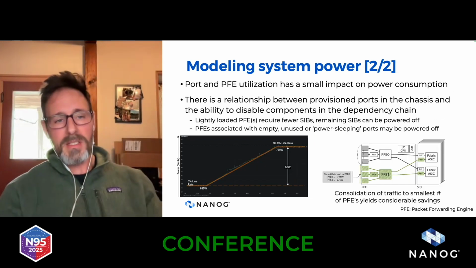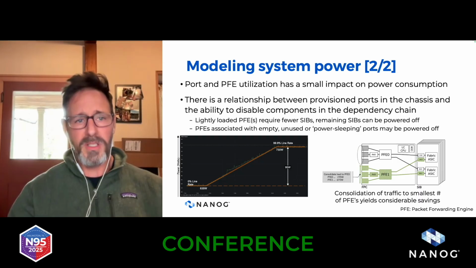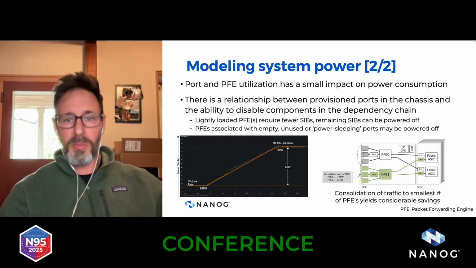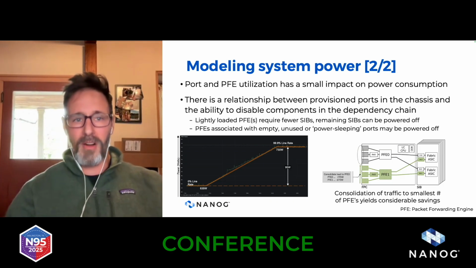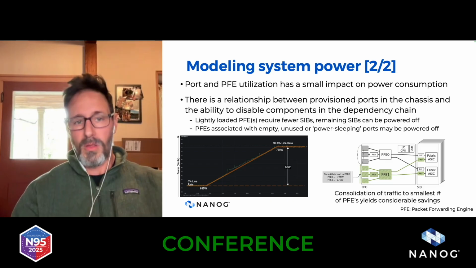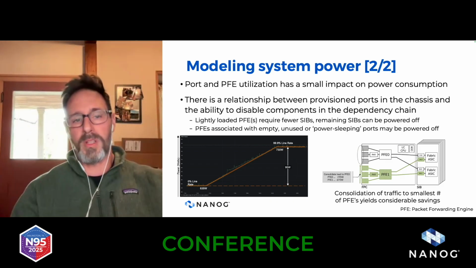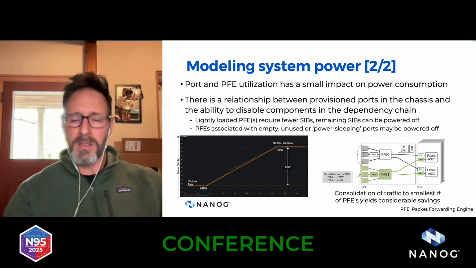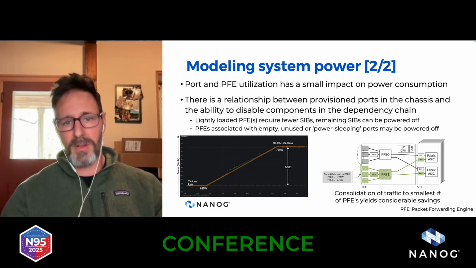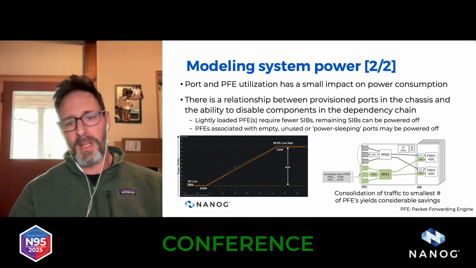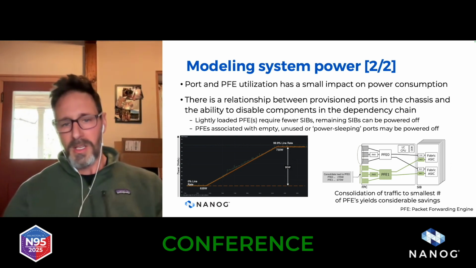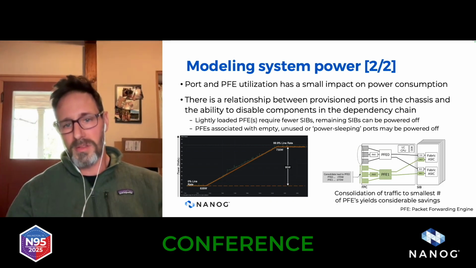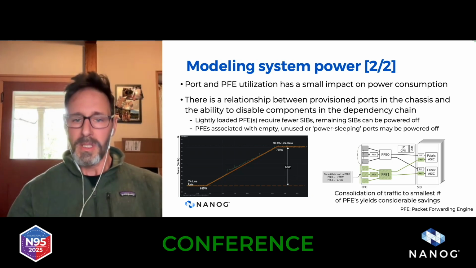And then last but not least, there's a fairly strong relationship between the provisioned ports in a chassis and our ability to transition those associated components into a power sleep state. I refer to this as a dependency chain, and you may hear me talk about it throughout the rest of the presentation. In the lower right-hand picture, I'm depicting two dependency chains on the same line card. There's the gray chain and the green chain.